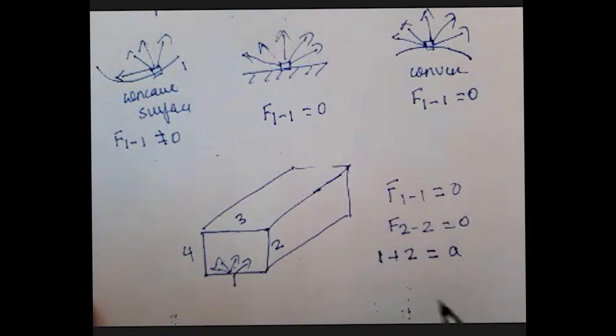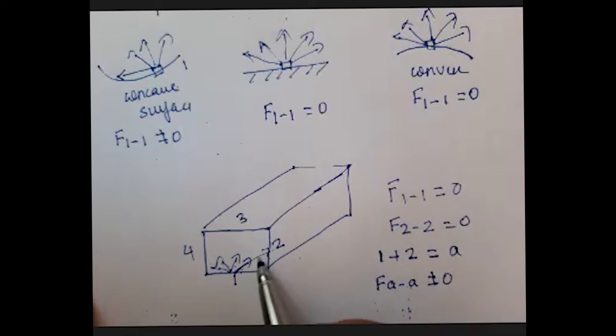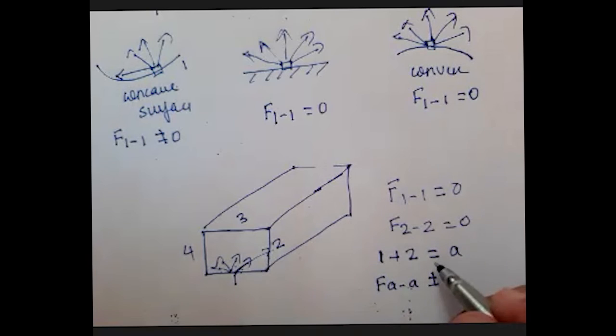If I consider surfaces 1 and 2 together as one surface A, then F A-to-A will never be equal to 0, because some part of the radiation is going back to surface A. From A to A, there is radiation going back to the surface, so it will not be equal to 0. That I should be knowing.